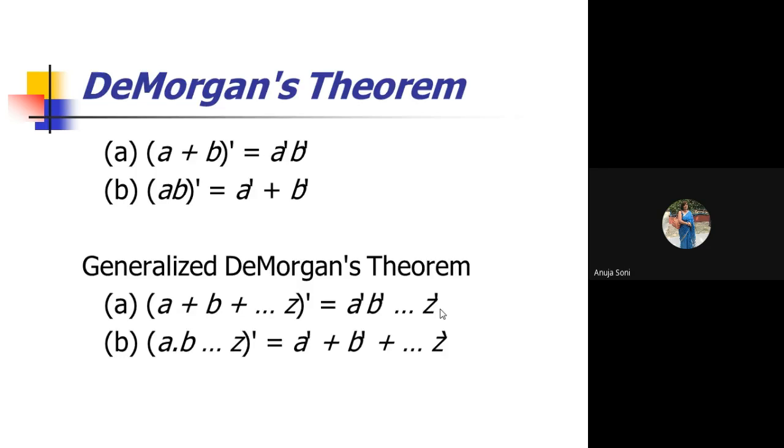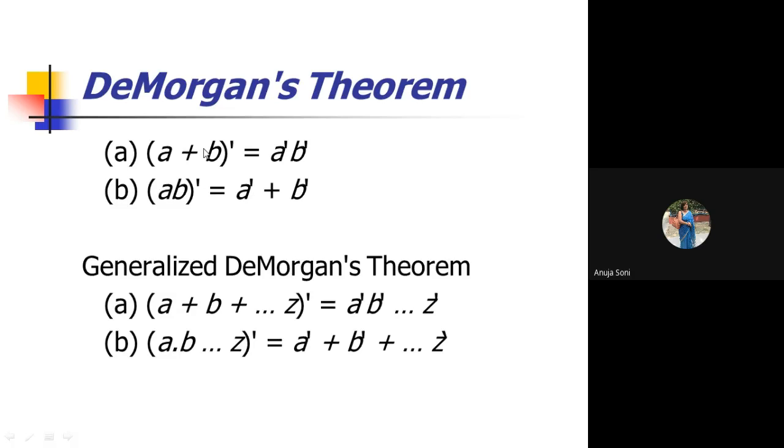Though earlier we have studied De Morgan's theorem, now we study it for more variables. For two variables, there are two versions of De Morgan's theorem, A part and B part. It says that (a plus b) dash will be equal to a dash into b dash. Another version says that (a b) dash will be equal to a dash plus b dash.